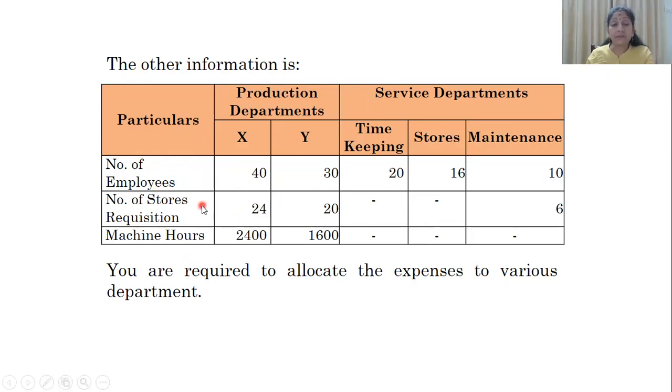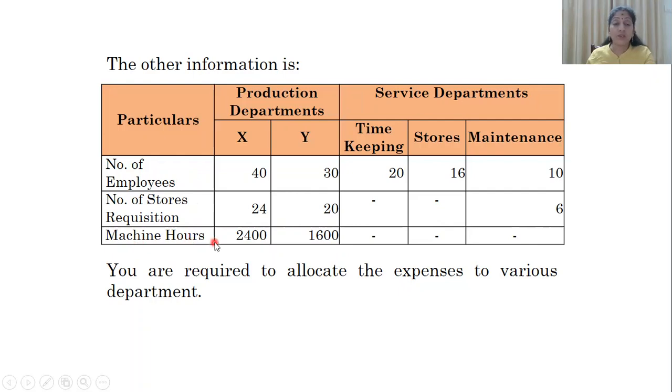What is next? The number of stores requisitions is next. Why? Because there are three portions, X, Y and maintenance. So we are taking the number of stores requisitions after the number of employees.